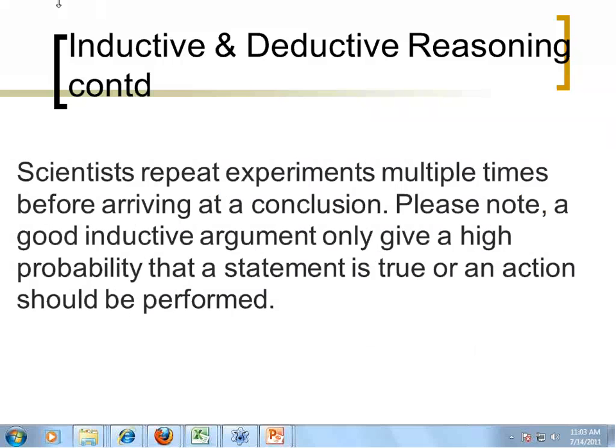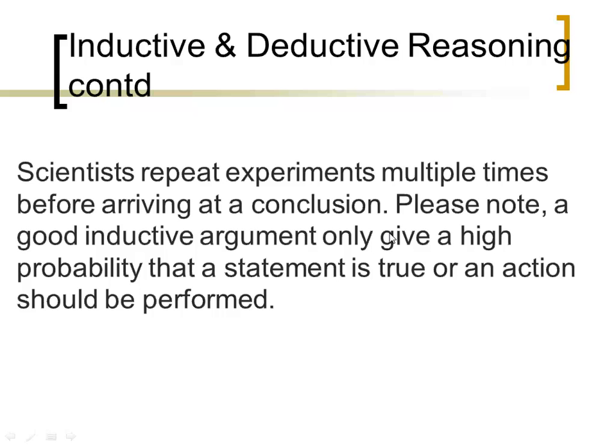But once you cannot say it's 100%, you're using inductive. Inductive means that you are saying it's a high probability that it will happen this way, but I cannot say that it is 100% accurate. All right? So please know that.